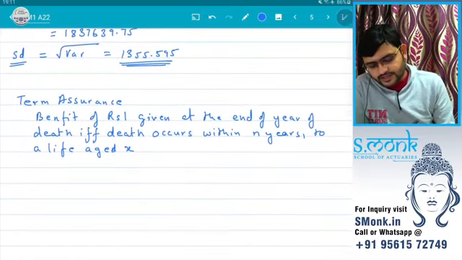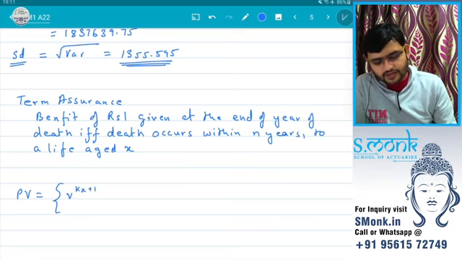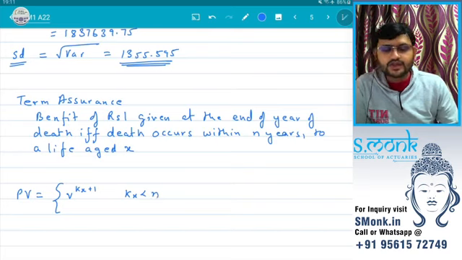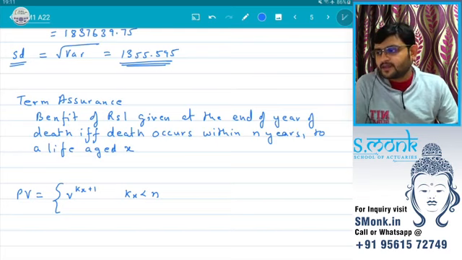So it works exactly the same as our whole life assurance, that is v raised to Kx plus 1, if the death occurs within n years. So if Kx is less than n, then the present value will be v raised to Kx plus 1.